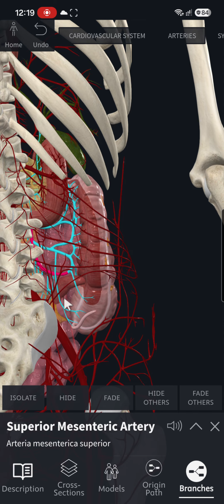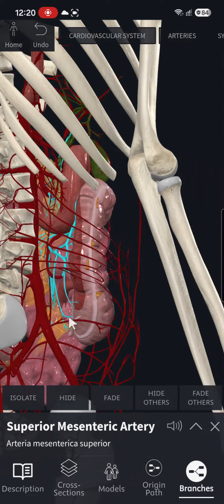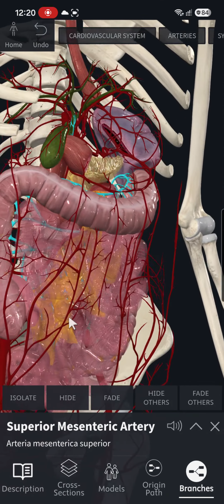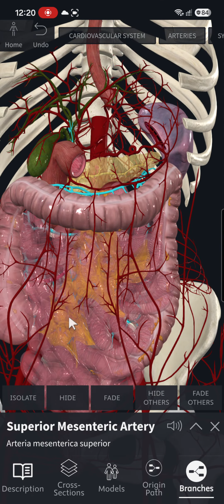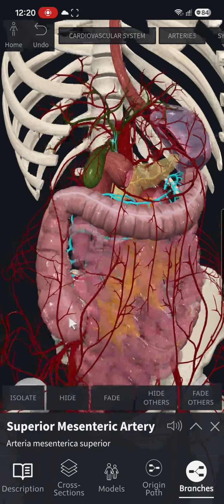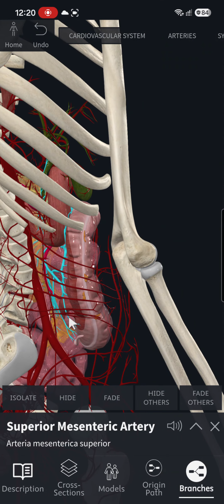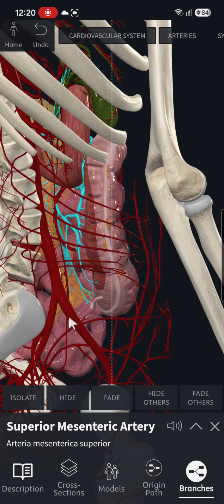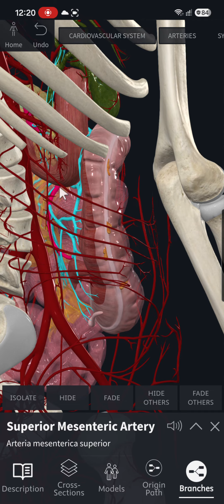So as you can see here, it gives off the terminal ileocolic artery, right? And then it supplies the right ascending colon through the right colic artery. So here, this is the superior mesenteric, right?